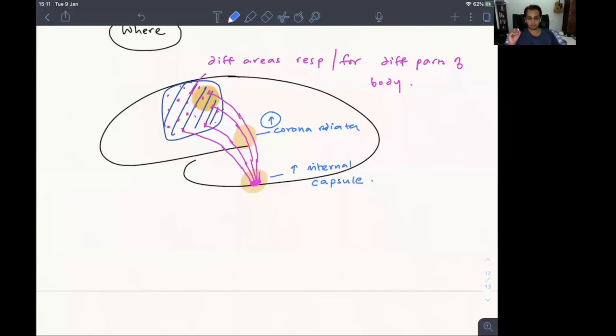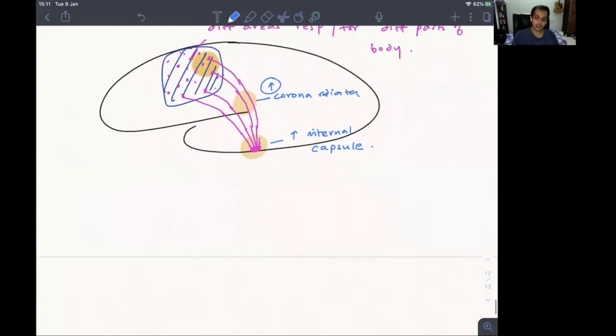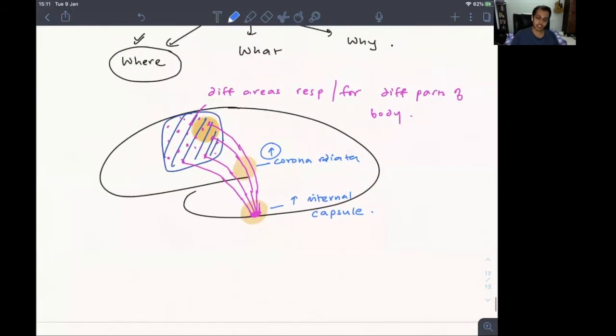Okay. Because the fibers are getting more and more closer together, a same size lesion will affect more and more of the fibers, and the more fibers get involved, the more the damage. Okay. So that is one way to differentiate between these three: your cortex, your corona radiata, and your internal capsule.